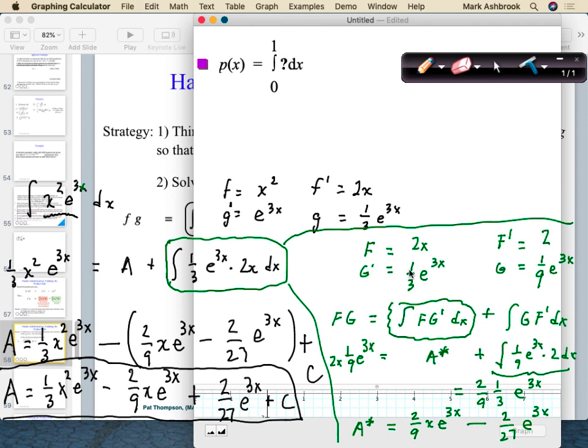Okay, so we're going to go, the integral from a to x of x squared e to the 3t, dt, need t's like always.